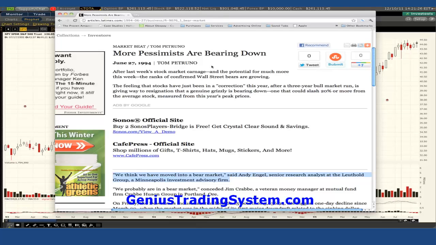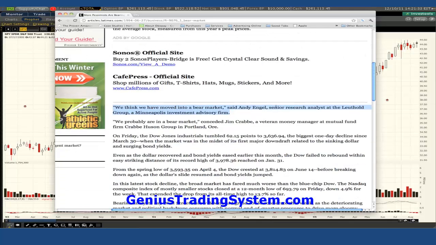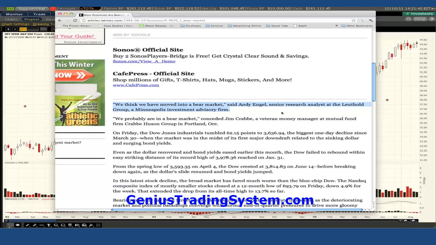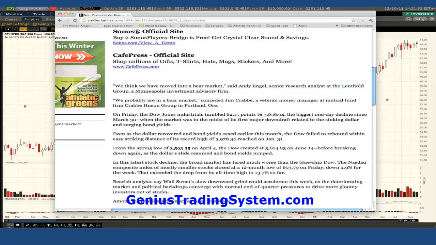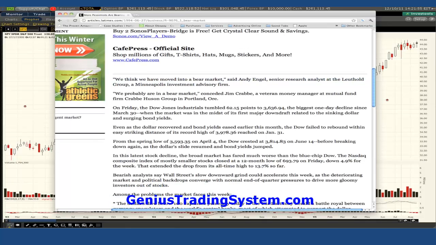This is from the LA Times, where the headline reads, "More pessimists are bearing down." One of the quotes from a Minneapolis investment firm says that we think we have moved into a bear market. "We are probably in a bear market," concludes another veteran money manager at a mutual fund. So there was a lot of pessimism during that time.